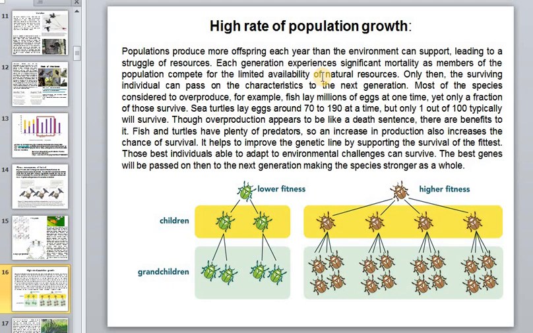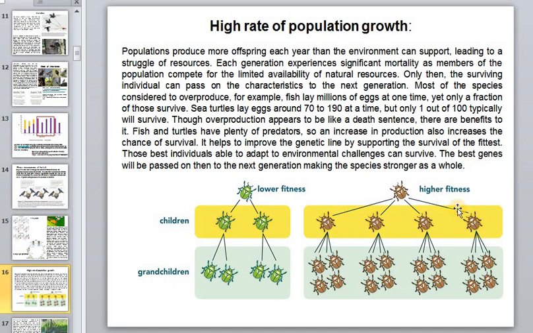Most species overproduce offspring. For example, fish lay millions of eggs at one time, and only one or a hundred of these eggs survive and become adults.